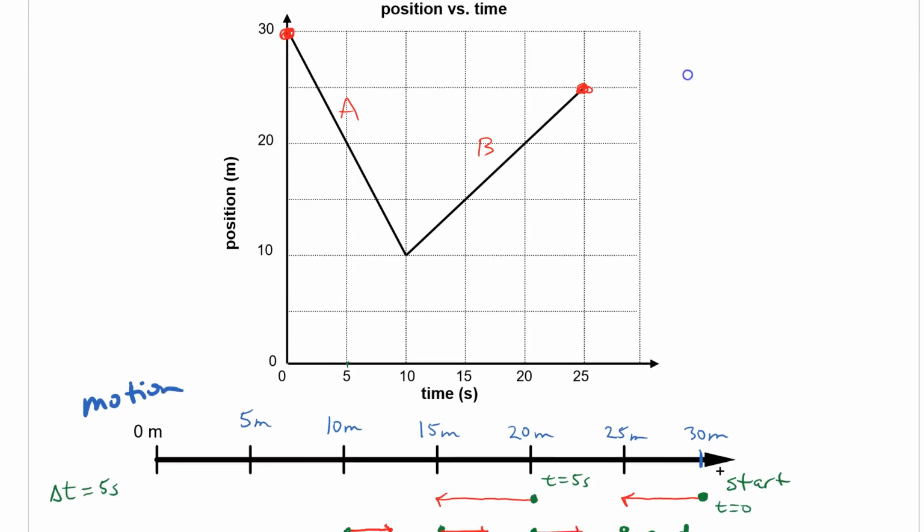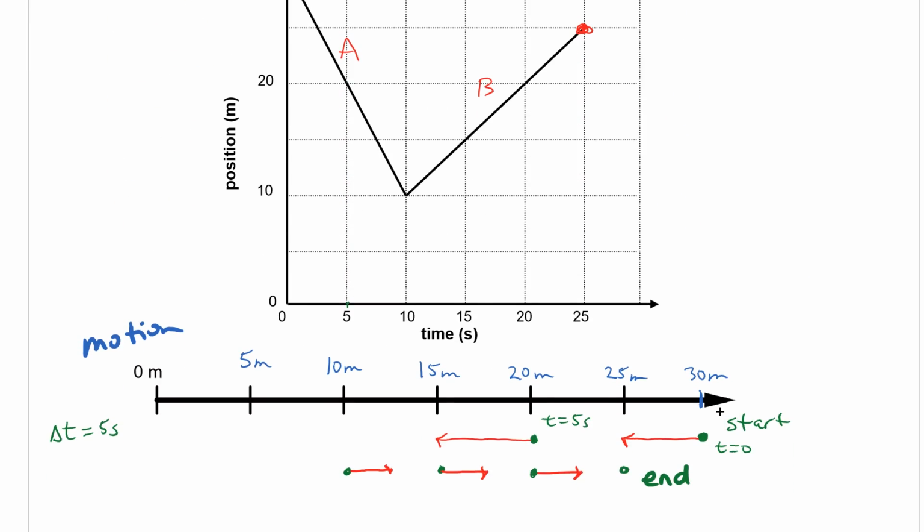When I've got my motion map, I could label this here: over here the velocity is equal to -2 meters per second, and over here the velocity is equal to 1 meter per second. I'm also going to label on this graph that the velocity for this segment was -2 meters per second, and the velocity over here in part B was +1 meter per second.